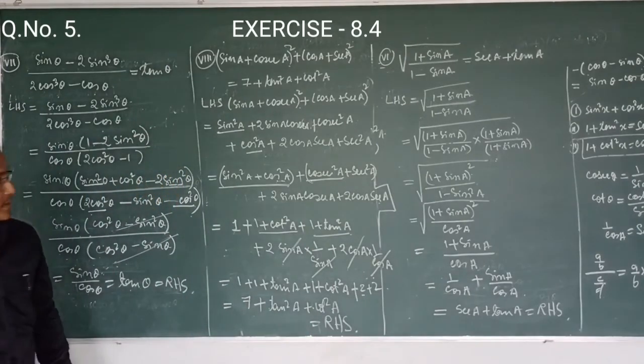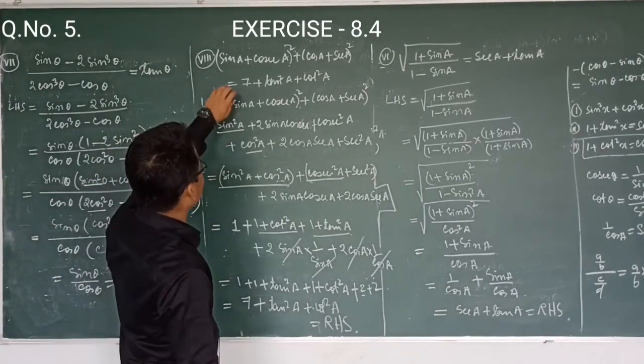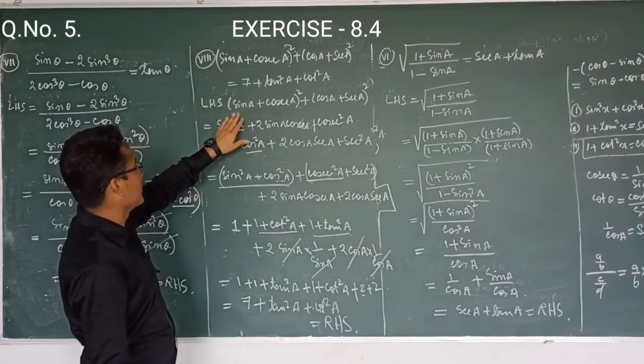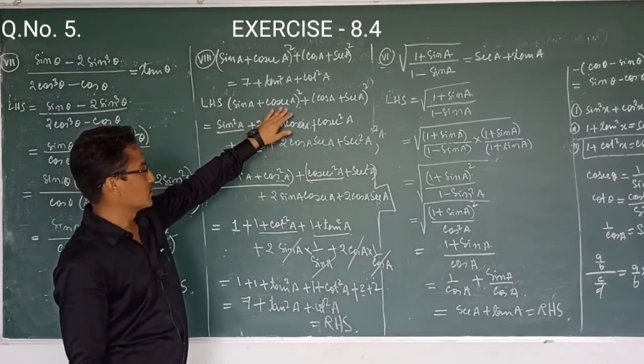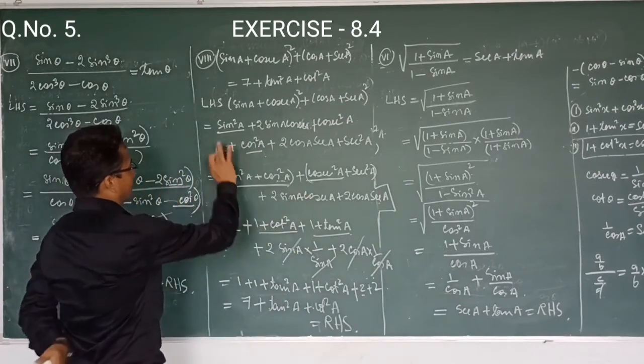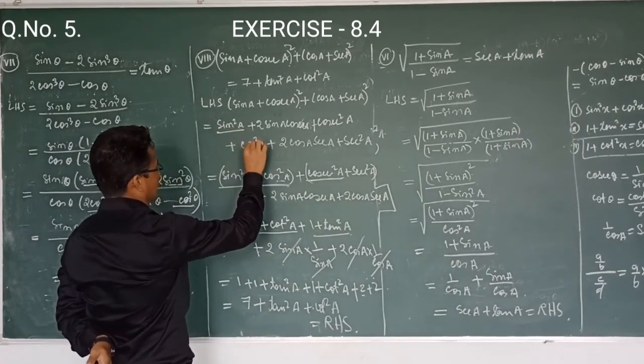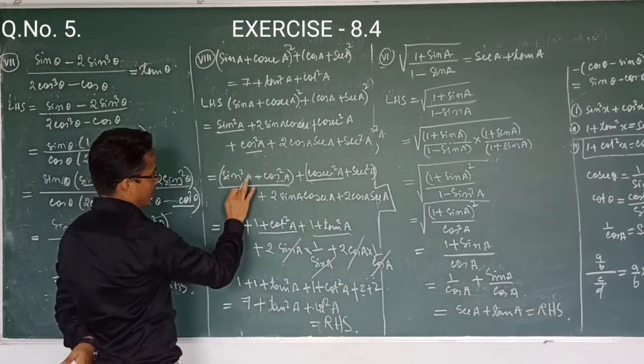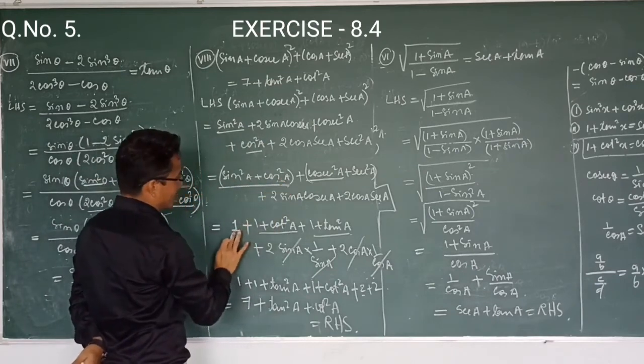So once again I explain. Simply we apply the A plus B whole square formula here and here. After applying the formula we collect sin square A plus cos square A, which we write as 1.